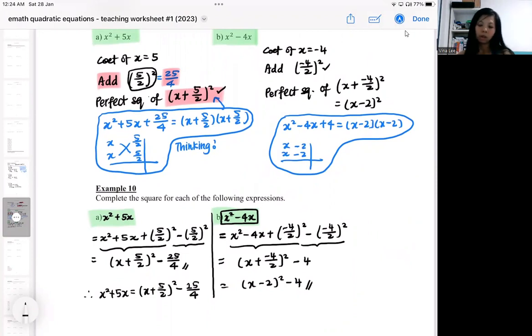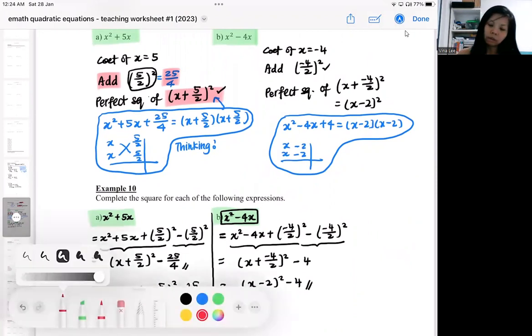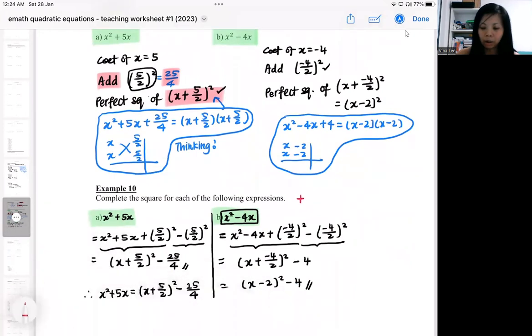So in a way, I will be doing this. If I need to complete the square, I will add the coefficient of x over 2 squared, and I will subtract it away. That will be the generic idea that you will need to do.